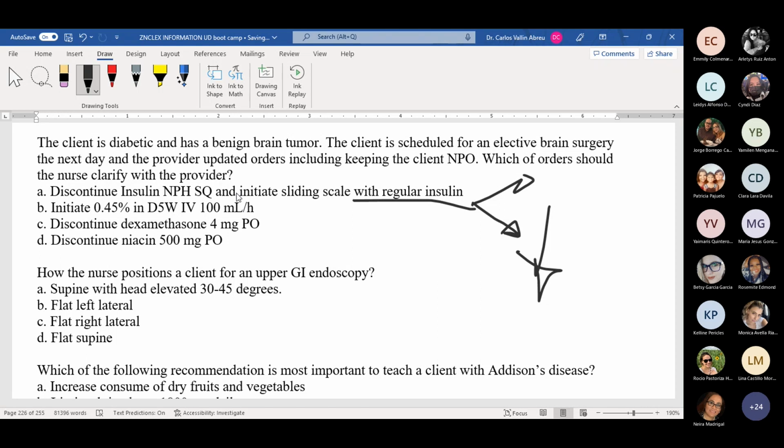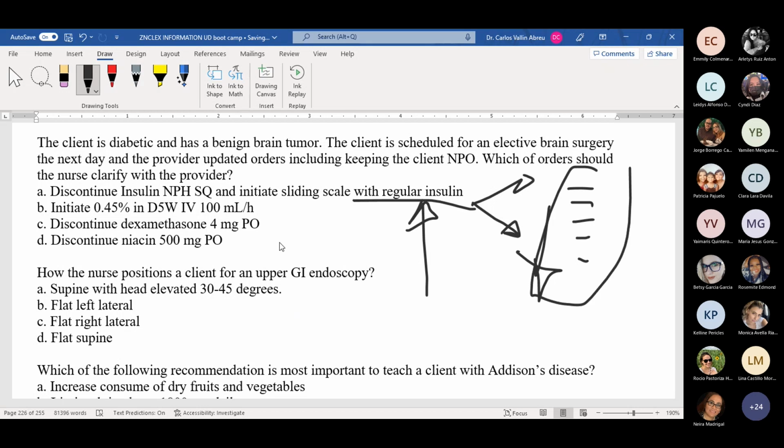So one of the main reasons for changing as a protocol the long or intermediate acting insulins, the same as the oral hypoglycemic medication, to regular insulin, is because this way the risk of hypoglycemia during the surgery is decreased, because the patient will receive the amount of insulin needed as a regular IV, depending on the periodic capillary blood sugar that is measured.